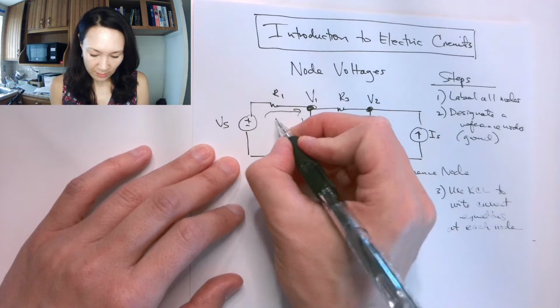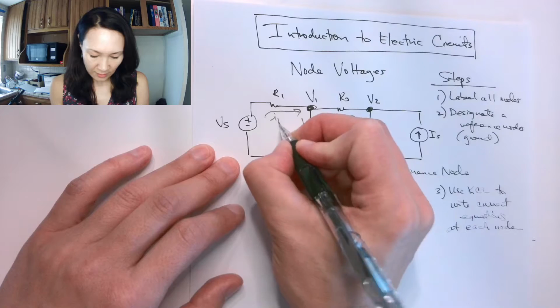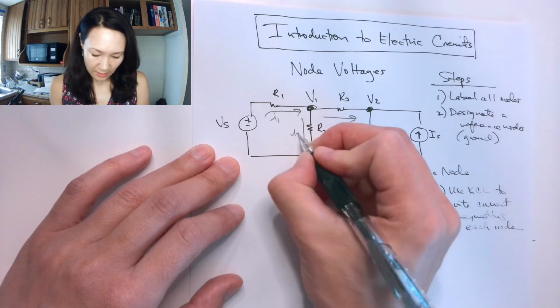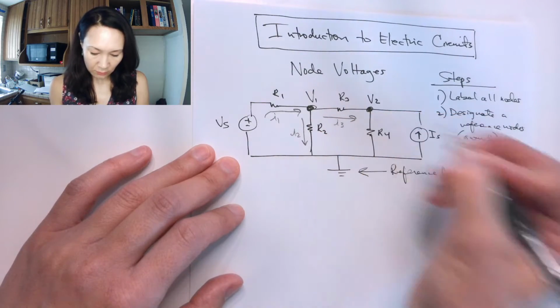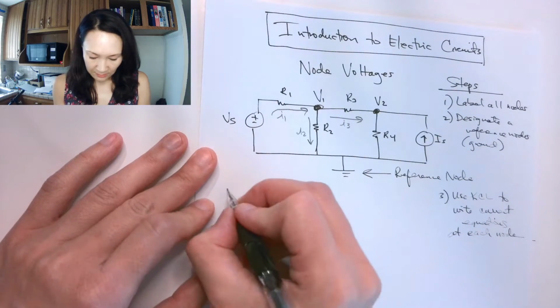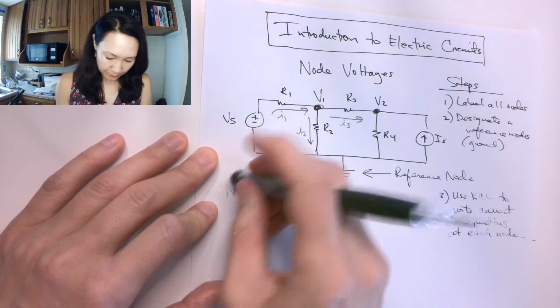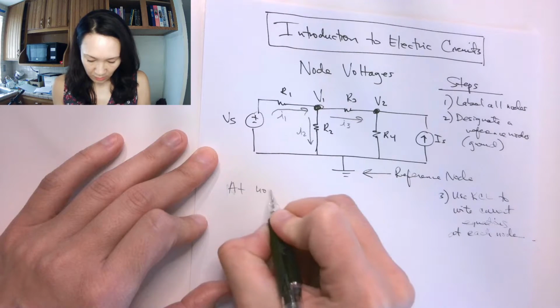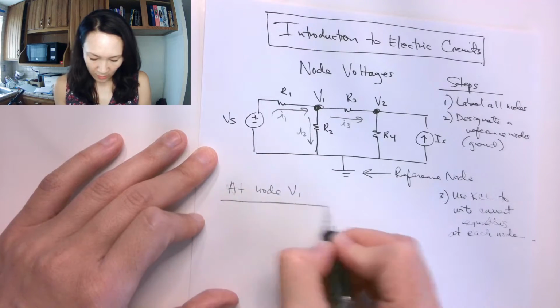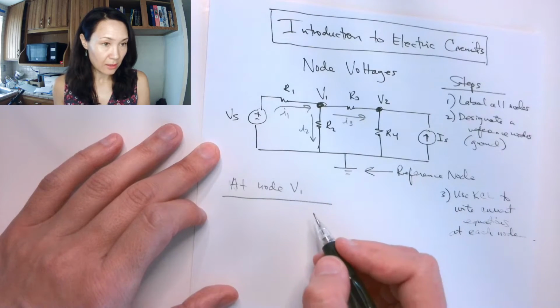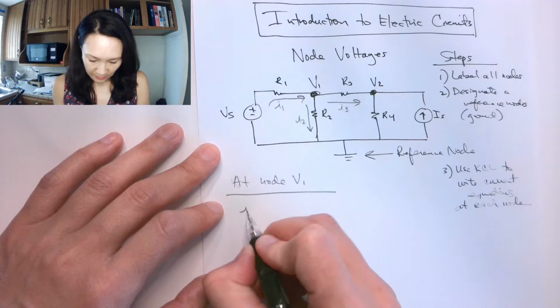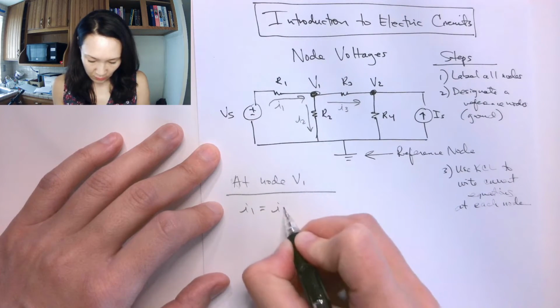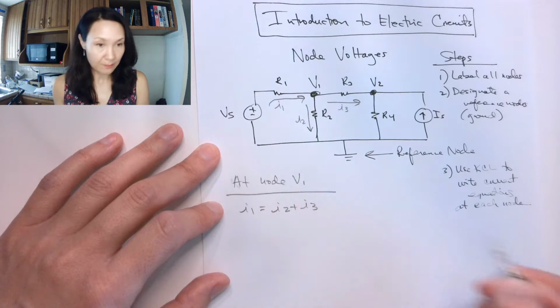So if I label this as I1, I'll call this I2, I'll call this I3, then that means that at node V1 that I labeled, the KCL equation I have is I1 is equal to I2 plus I3.